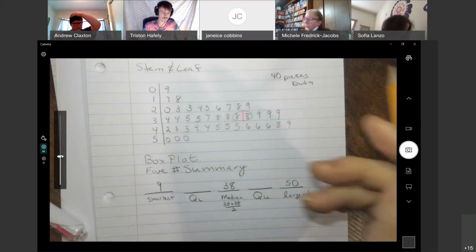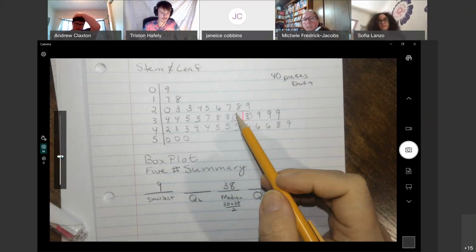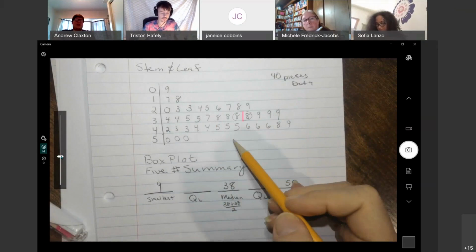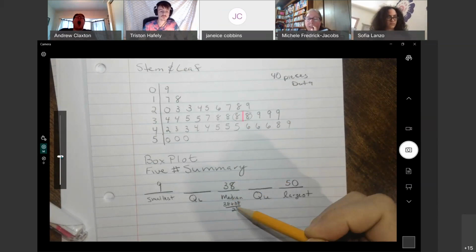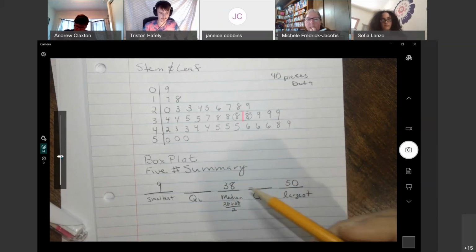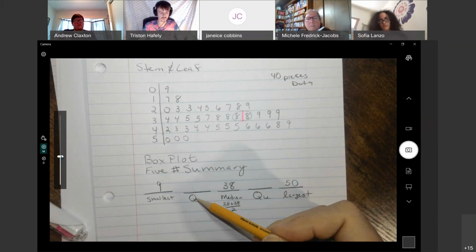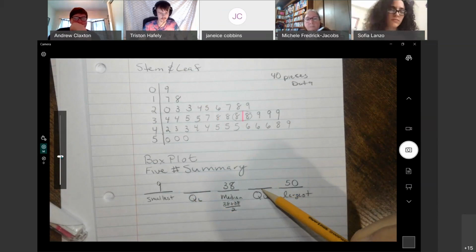Okay. Since there was 40, to split it in half, it would be 20 and 20. So the middle is between these two, which when they're the same value, it would be the same value. I think the lower quartile is the same type, but this one's different.